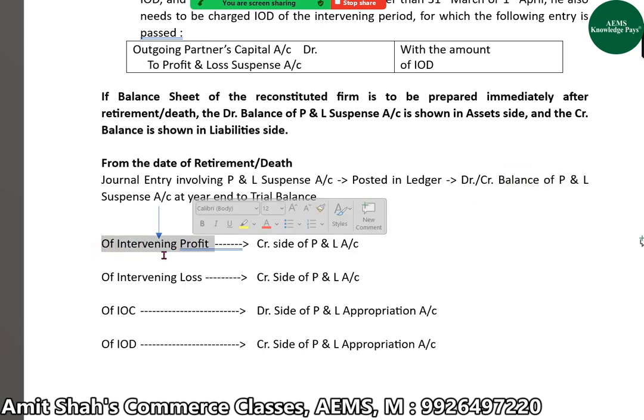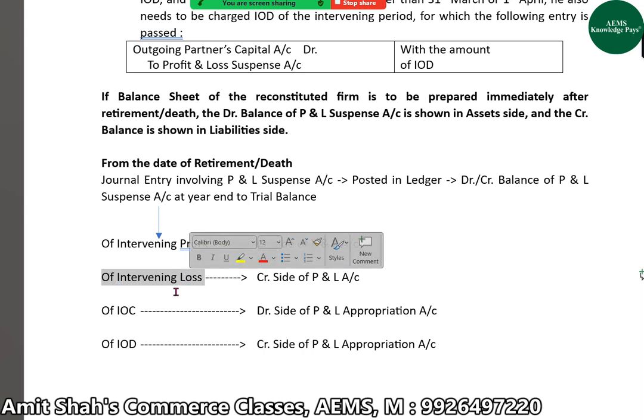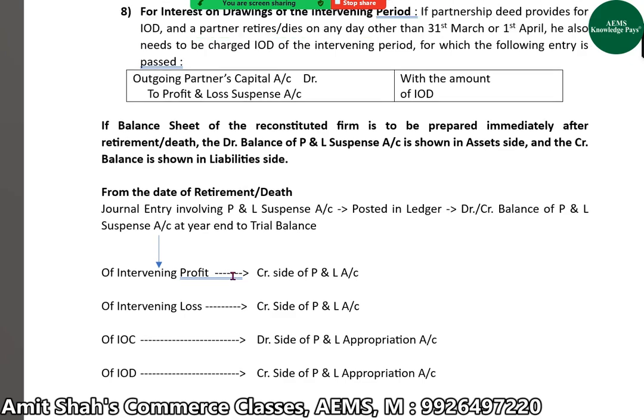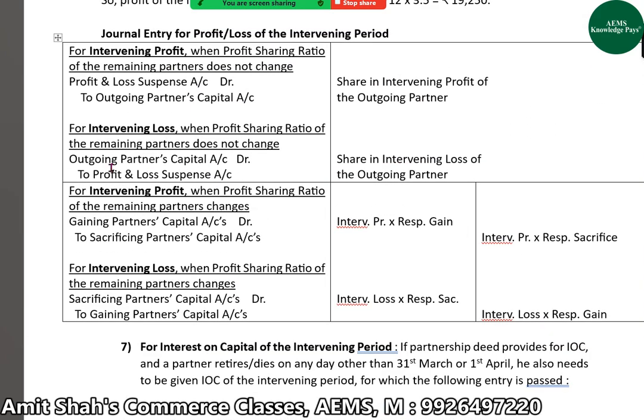indicating only the amount of intervening profit will go to the credit side of P&L account. If it indicates the amount of intervening loss because of either this entry or, yeah, this entry, right?